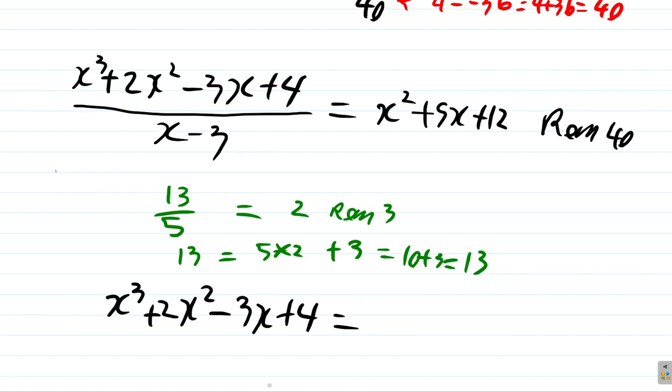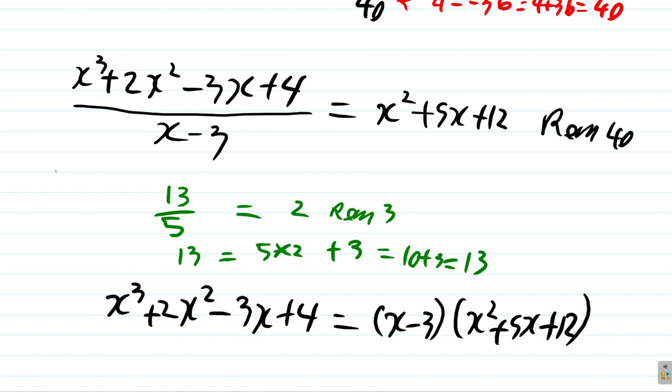Now, x minus 3 will multiply this, x minus 3 times x squared plus 5x plus 12, and the remainder is 40, so we're going to add 40 after. Alright?